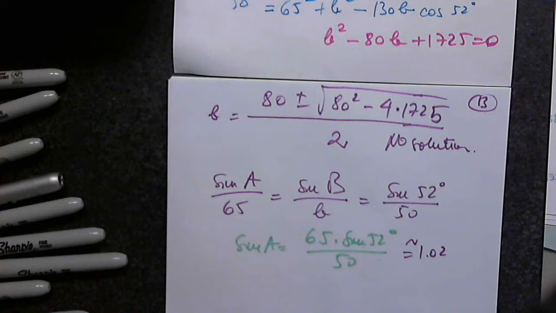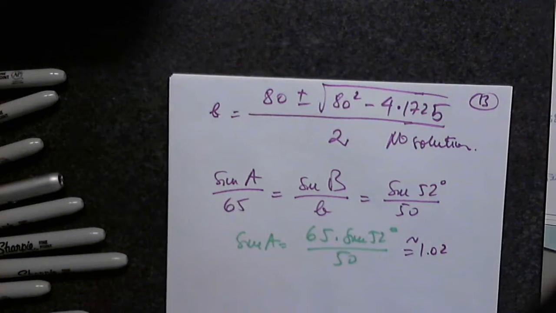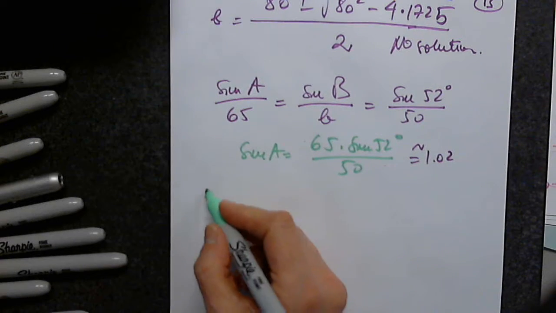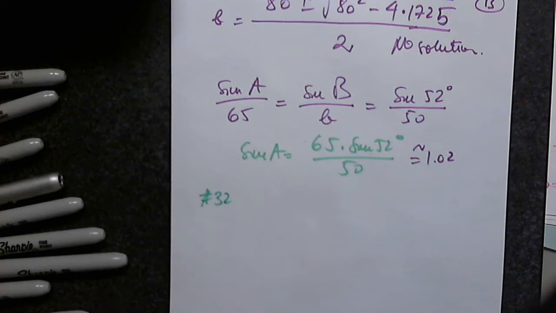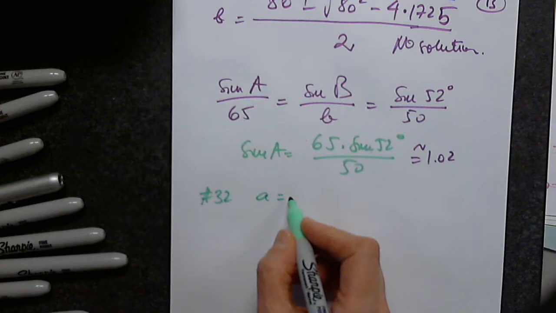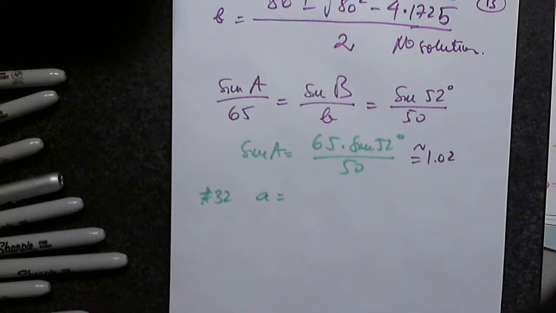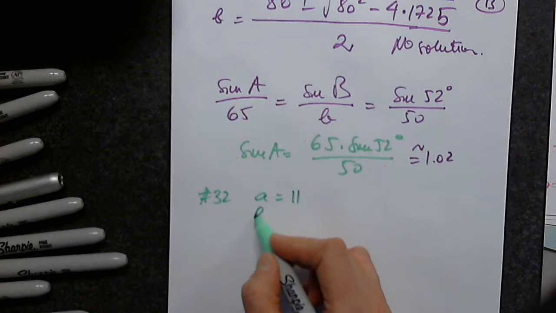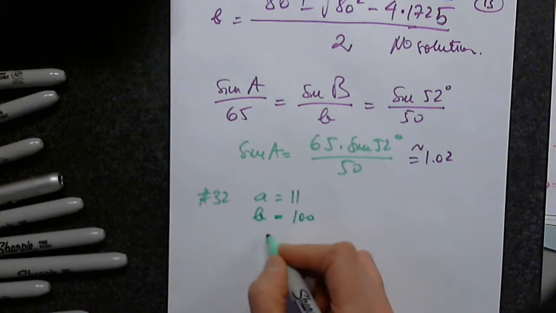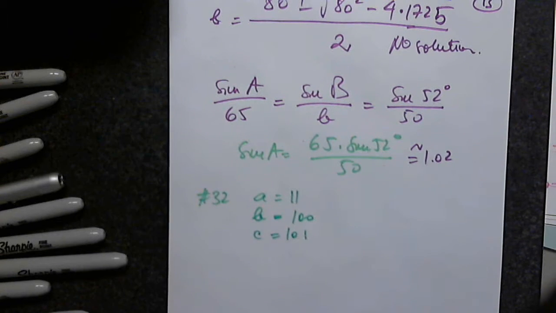Good, so let's look at 32. In 32, we're asked to find the area of this triangle. So we are given a equals 11, b equals 100, c equals 101.